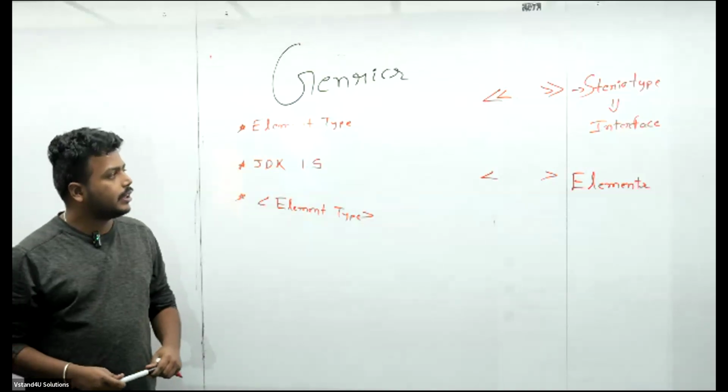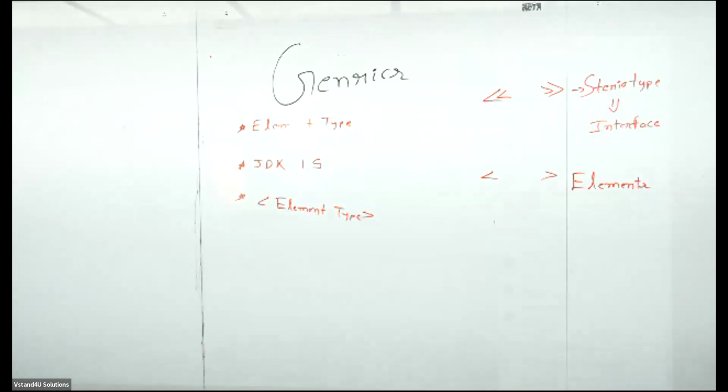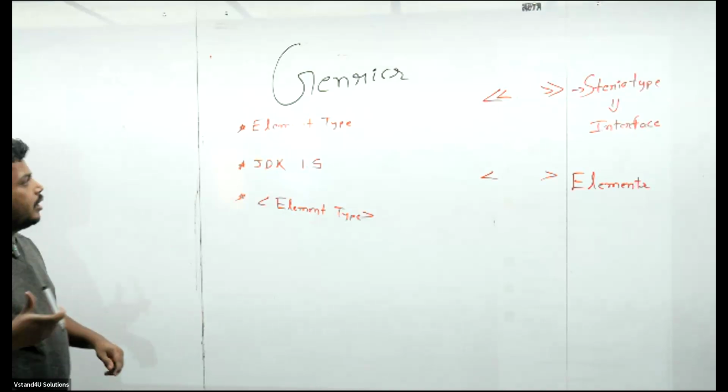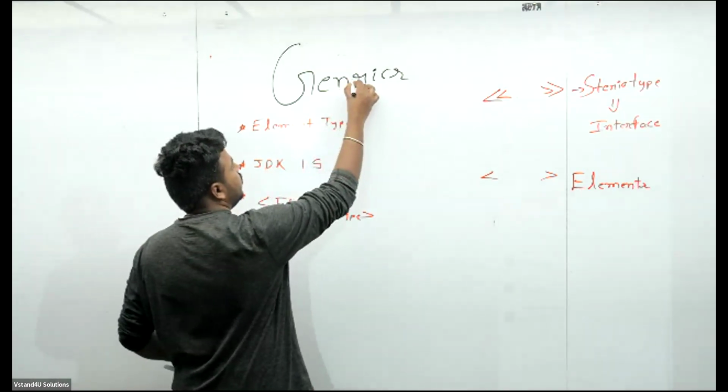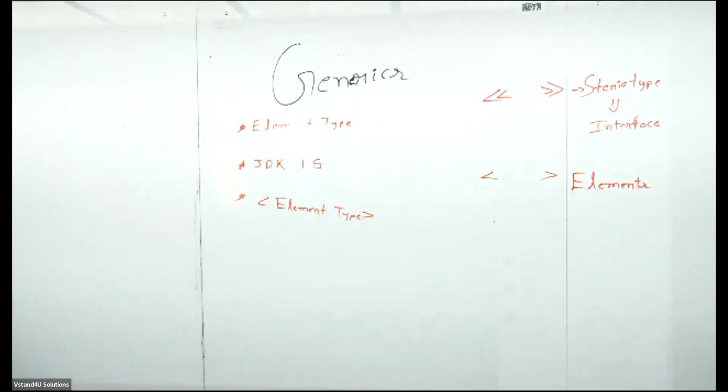The generic is nothing but element type. Generics. Always generic should be in element type. Understood.